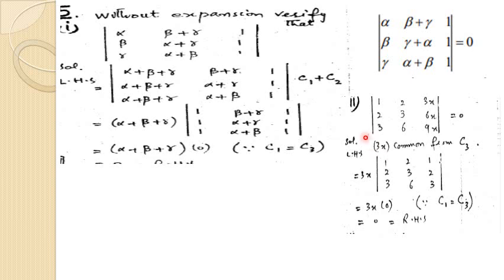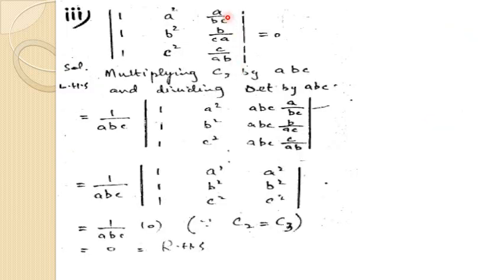Now part 2, same thing, I took the common 3x from column 3, so 1 2 3, 1 2 3. Column 1 and column 3 are identical, so this is 0. Now in column 3 I multiply by abc. So bc multiplied by bc we can cancel, a square is remaining, ac multiplied by ac, so only b square is remaining and c square.